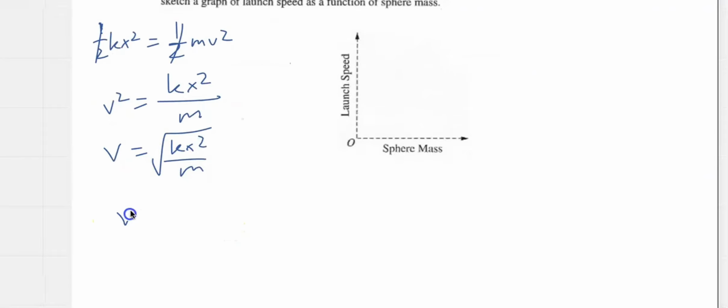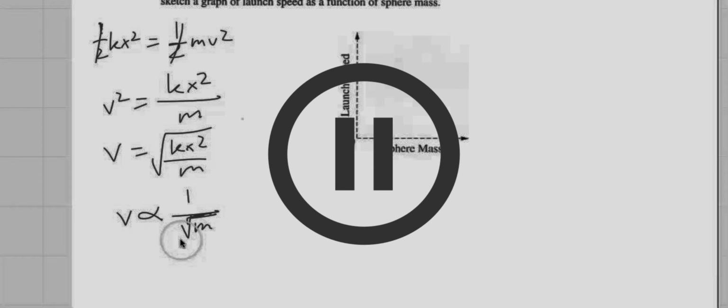So from here we can see that velocity is proportional to 1 over the square root of m. And so this means that as m increases, velocity is going to decrease. And what I meant to say here was that since m is in the denominator, as m increases, velocity is going to approach 0.